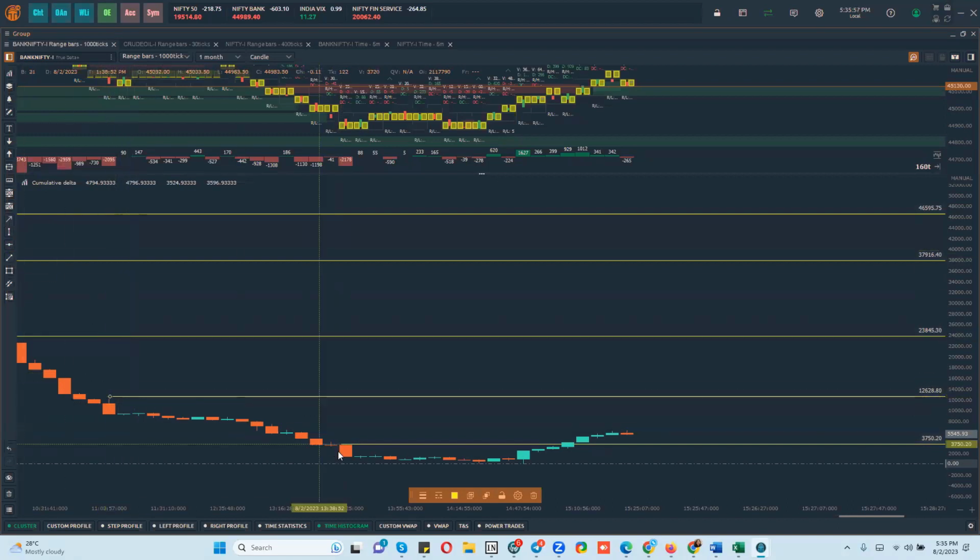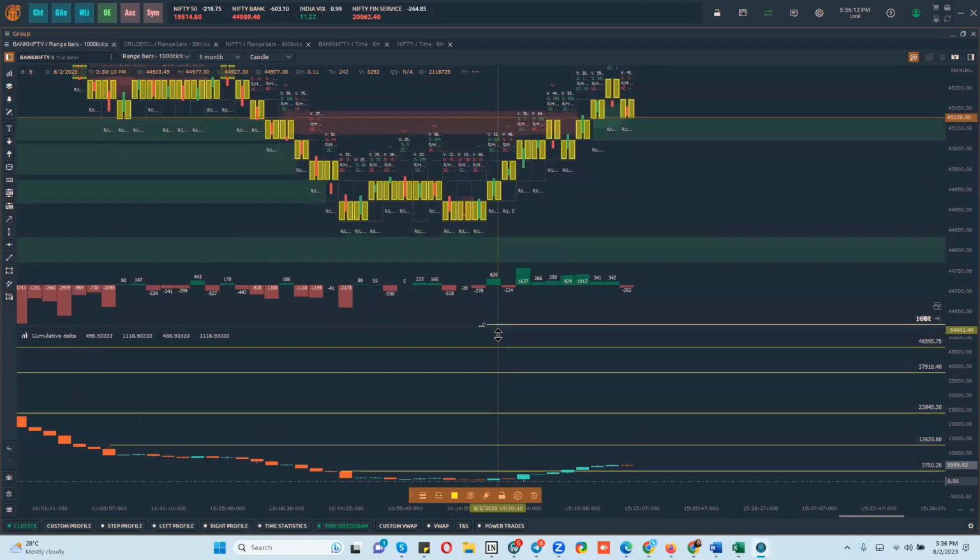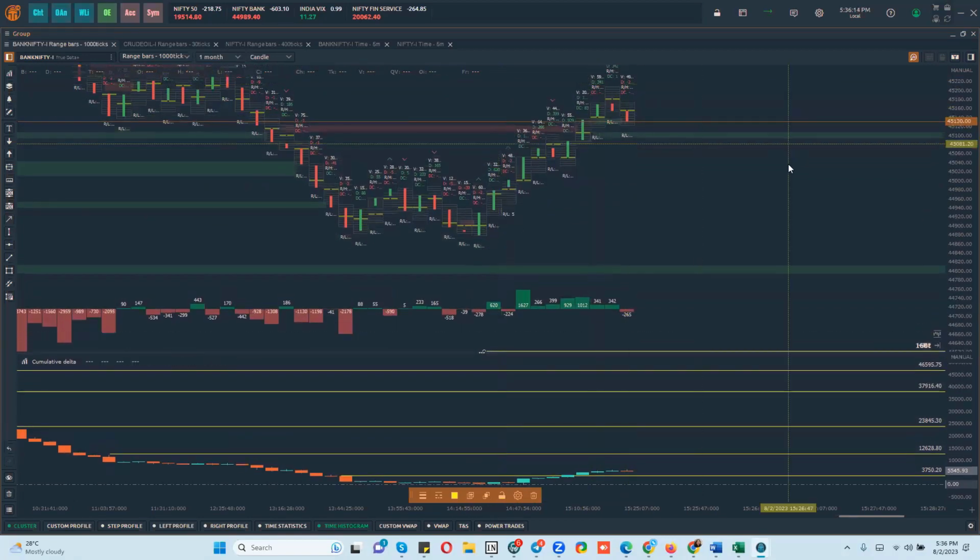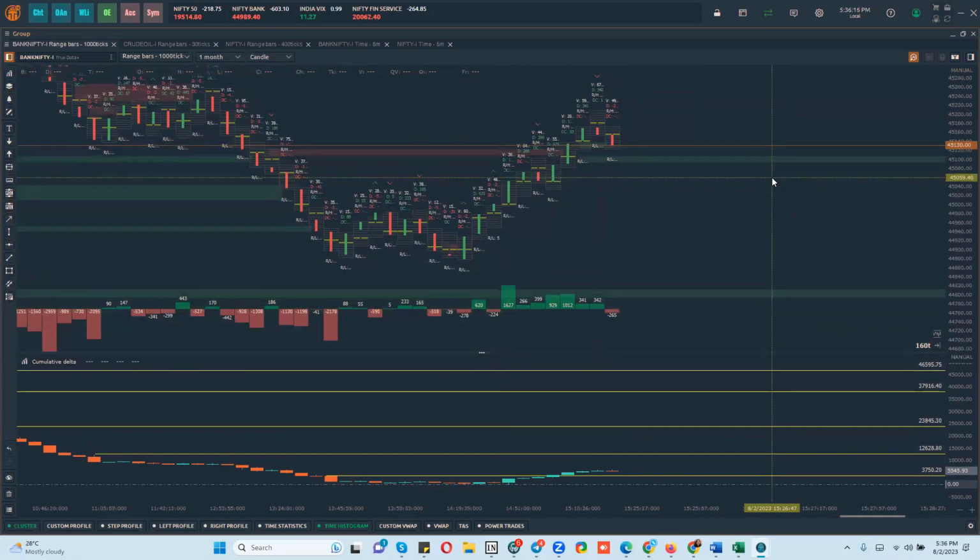The market may find some strength up to this level. Now that it has broken and closed above, you will see that the cumulative delta is probably going up to this level and started showing a weakness, and that also will start showing in the regular prices as well. So the market may move a little more and then start correcting.